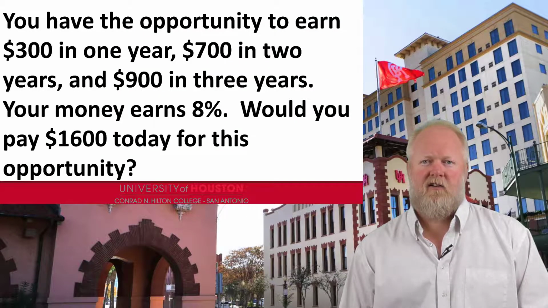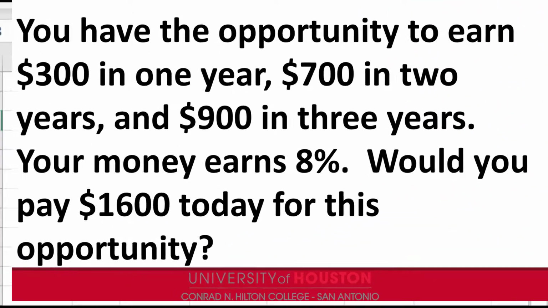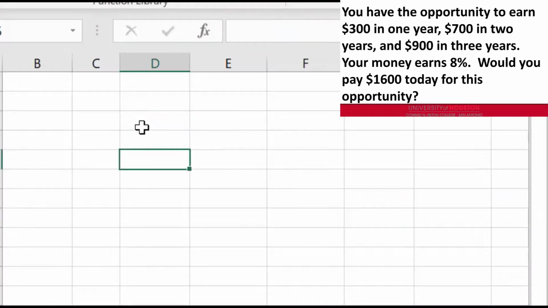Here's another one. You have the opportunity to earn $300 in 1 year, $700 in 2 years, and $900 in 3 years. Your money earns 8%. Would you pay $1,600 today for this opportunity? We have another opportunity here where we need to find the value of an uneven income stream.